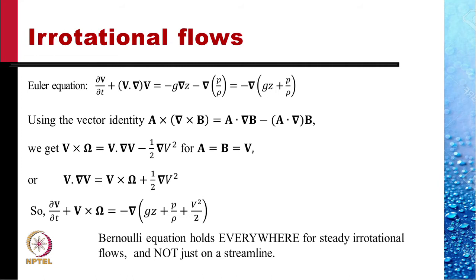Thus, the Bernoulli equation holds everywhere in a steady irrotational flow and not just on a streamline. We can take points 1 and 2 for the Bernoulli equation anywhere in the flow field and not just on a streamline, as was required for general inviscid flow, which was not necessarily irrotational.